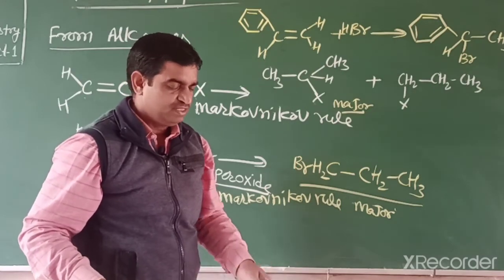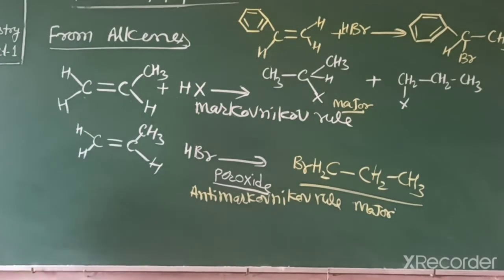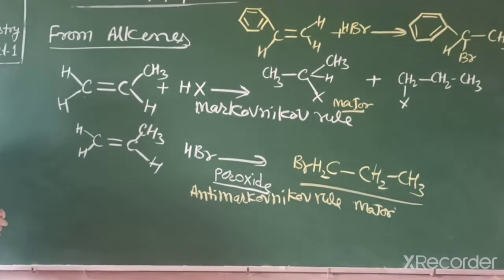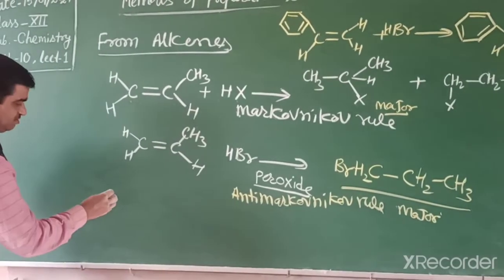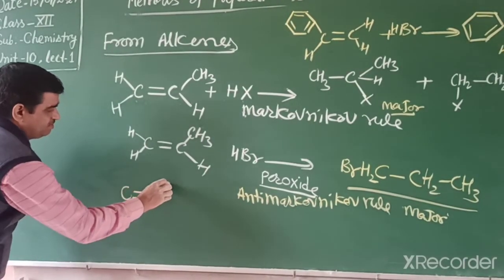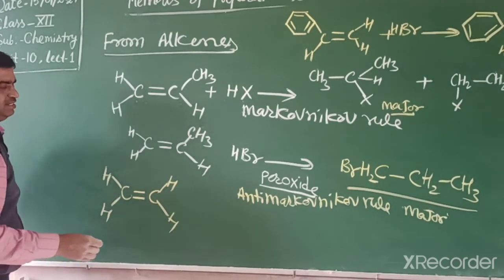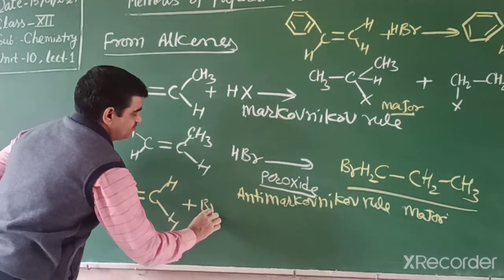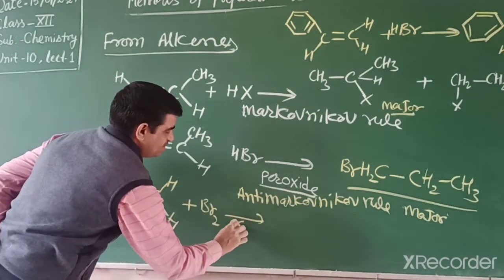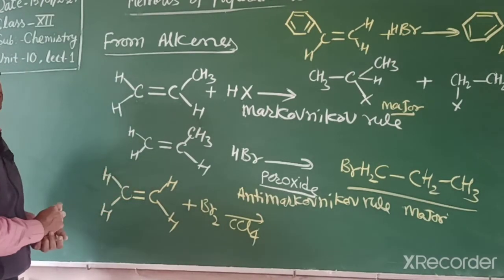Now, addition of halogens. How can you make vicinal halides? Students, another reaction to identify a double bond in an alkene: if we pass the alkene into bromine in carbon tetrachloride medium, how can we say it is an unsaturated hydrocarbon?